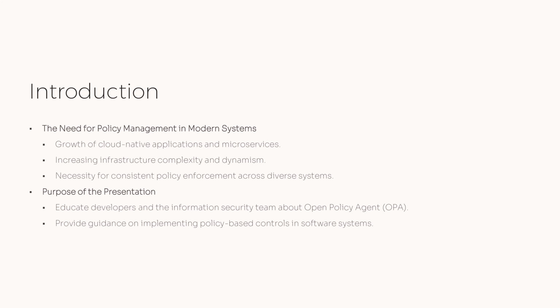This presentation aims to educate both developers and the information security team about the Open Policy Agent, OPA. We will provide guidance on how to implement policy-based controls in software systems using OPA. This will enable your organization to handle policy management more efficiently and ensure consistent enforcement across diverse environments.